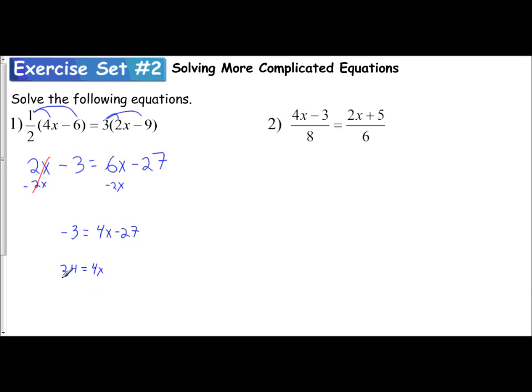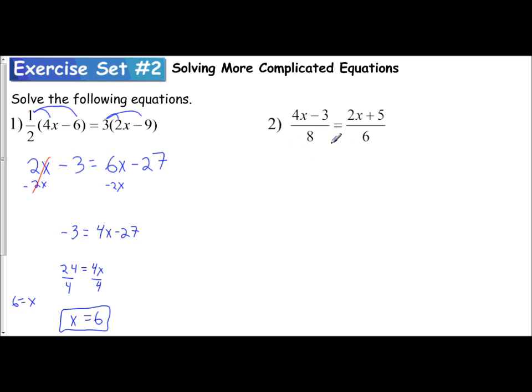If I divide both sides by 4, then I would get x equals 6. You would say 6 equals x, but in your final statement, always put the variable on the left side. And so there is our solution, x equals 6.